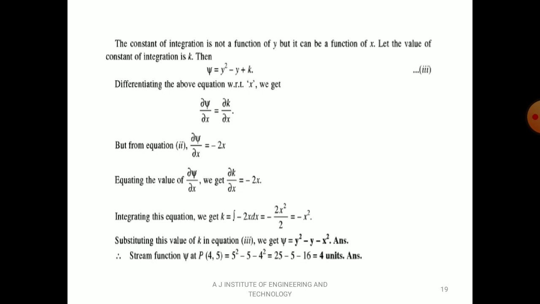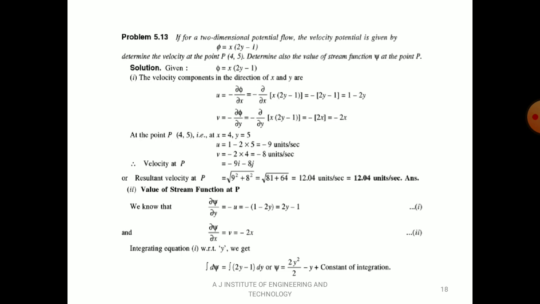Now differentiating the above equation with respect to x, we get dou xi divided by dou x. There is no x term here, so differentiation of y square and y is equal to 0. The remaining term is dou k divided by dou x, because k is a function of x. But from equation 2, dou xi divided by dou x is equal to minus 2x.